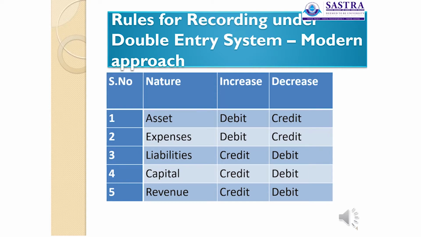Capital: when capital is increased, it is credited. When capital is withdrawn or decreased, it is debited. Revenue income: owner's equity is increased by the amount of revenue income. So these are the rules for recording under double entry system.